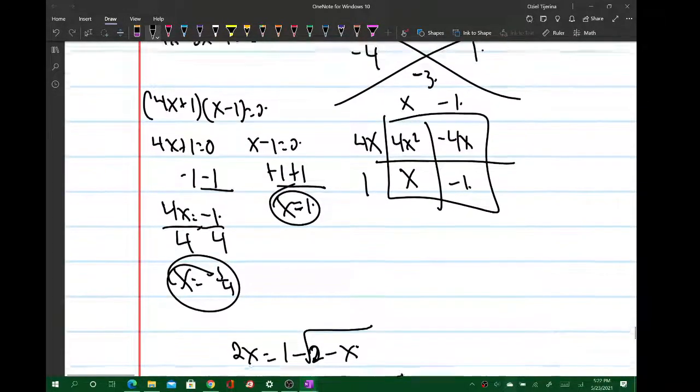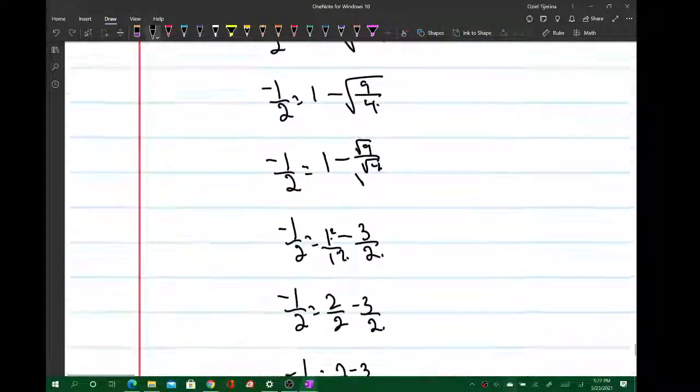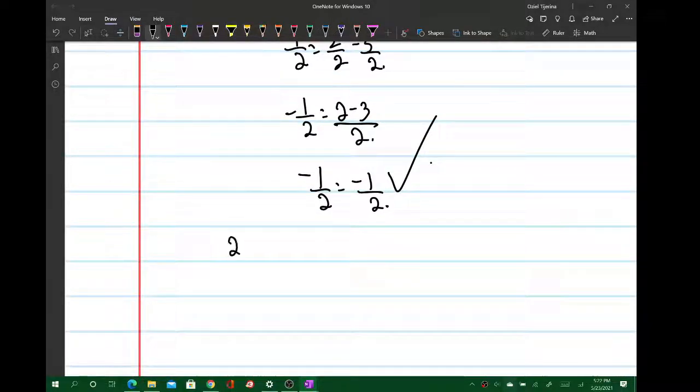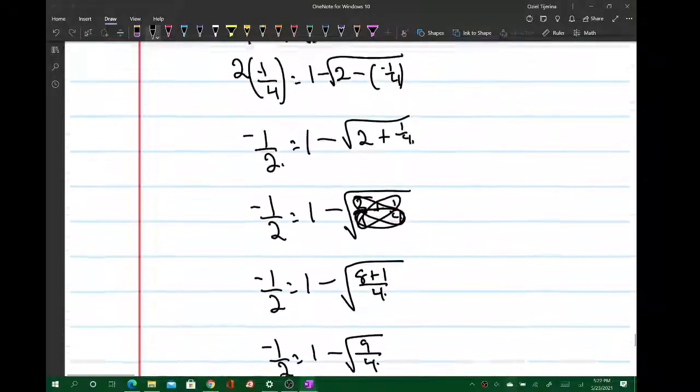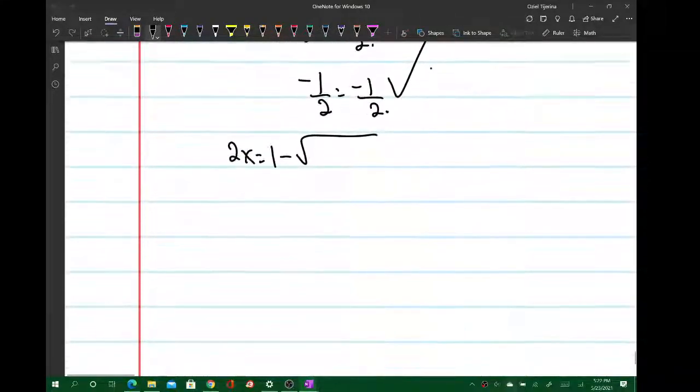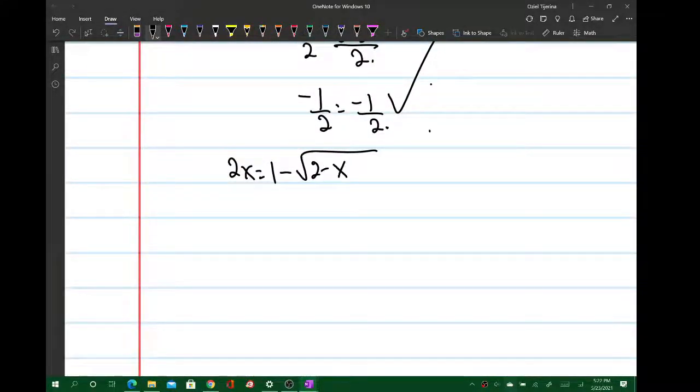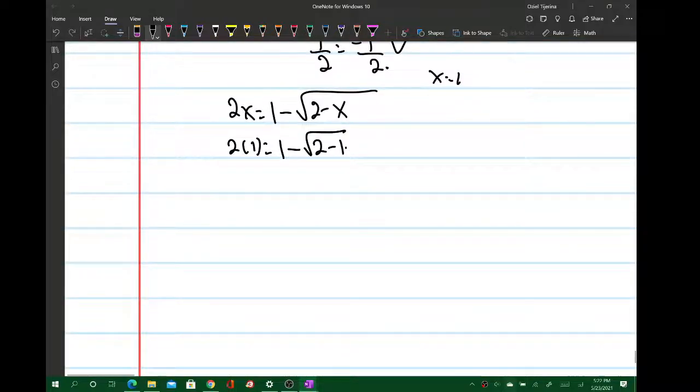And then you check x equals 1. So you want to do x equals 1 in 2x equals 1 minus the square root of 2 minus x, right? X equals 1. So you do 2 times 1 equals 1 minus the square root of 2 minus 1. You get 2 equals 1 minus the square root of 1.